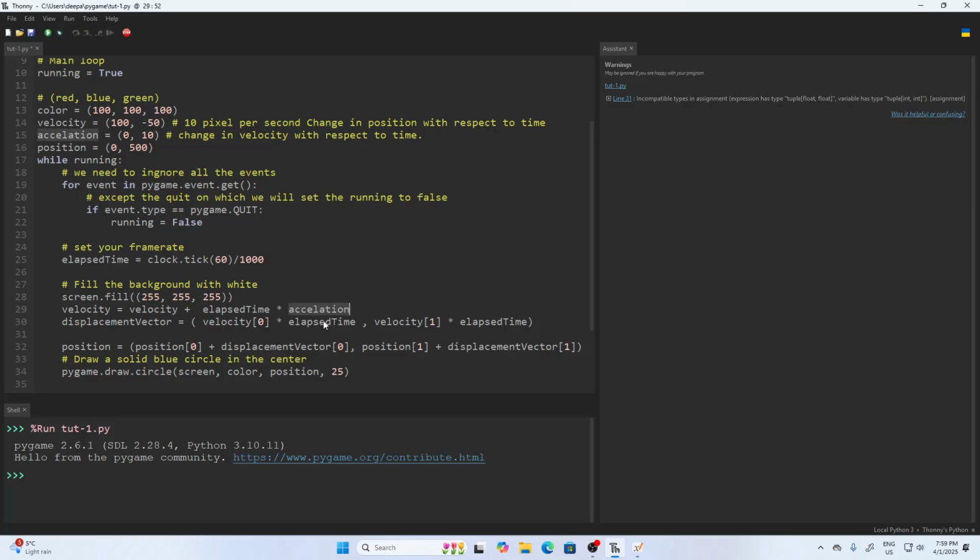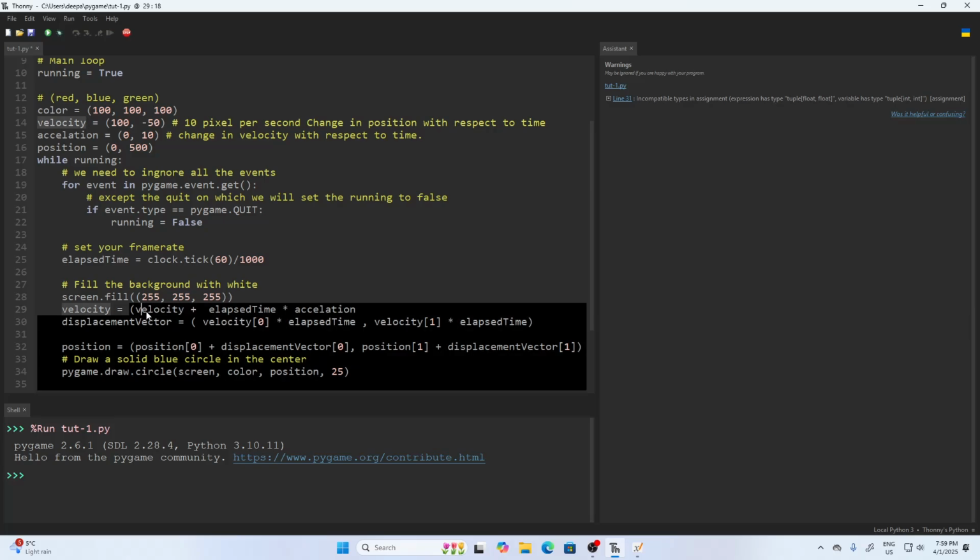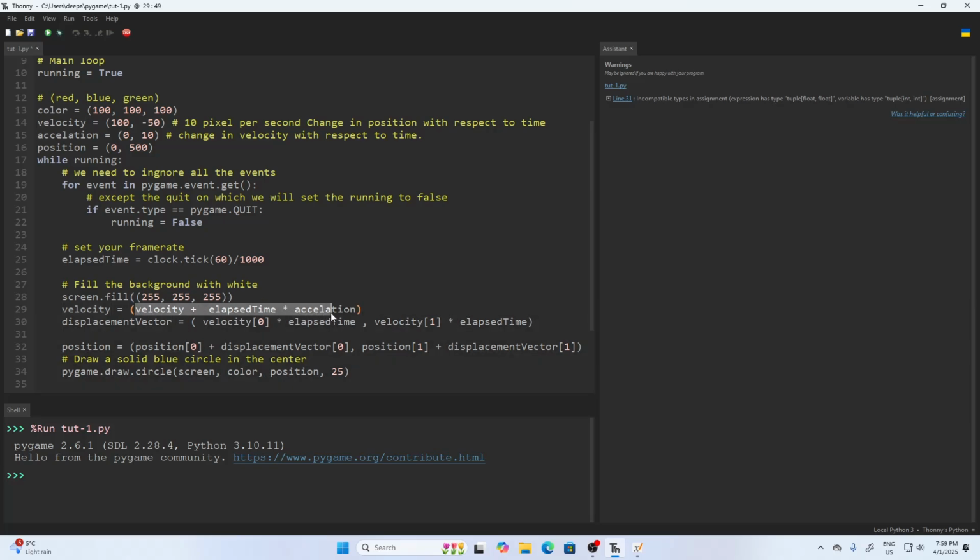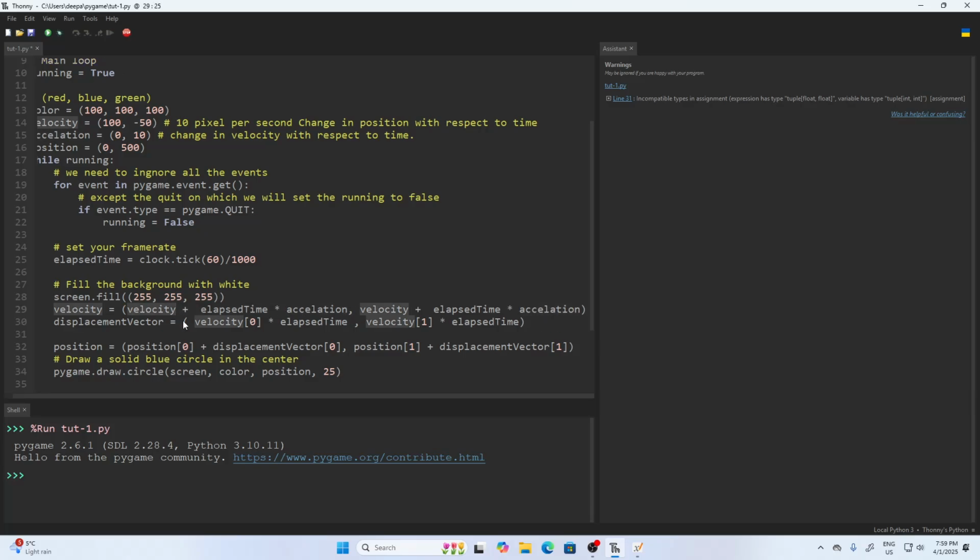But again, we cannot do this simply because our velocity, this tuple, does not support plus and multiply. So we need to do it the hard way, which is the same thing we did. We need to create a new tuple, and we need to copy this thing again, put the comma, and put it again, and we'll make it 0. Oops.